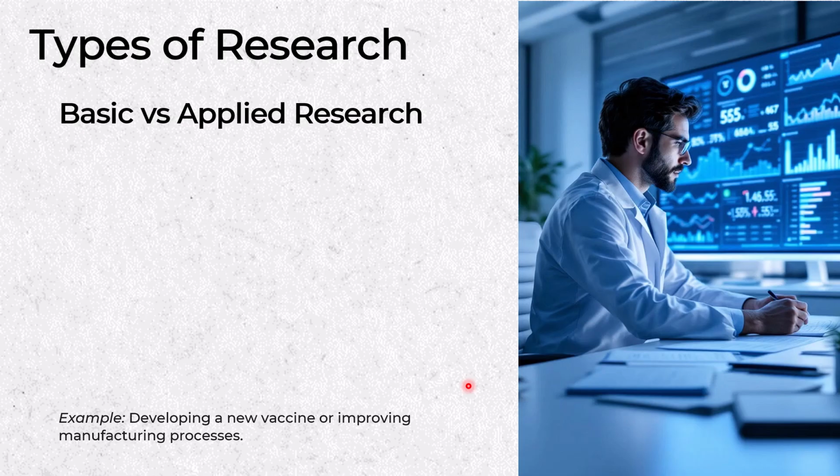We have many types of research, but we'll just be looking at some. If you want all the types of research, you can refer to the main text. We have basic versus applied research.